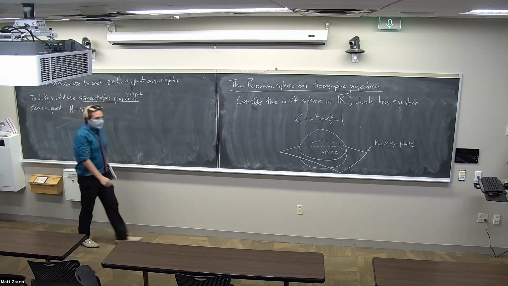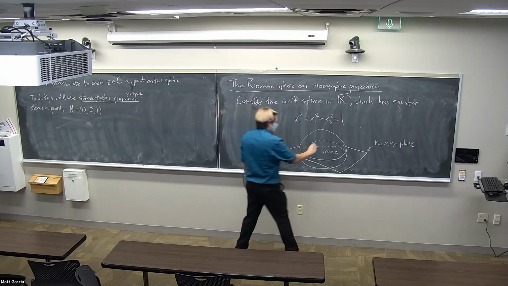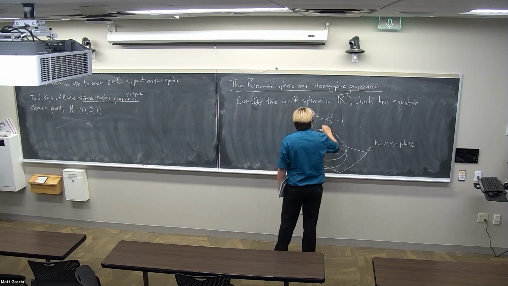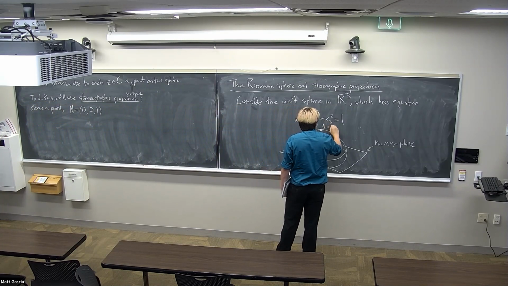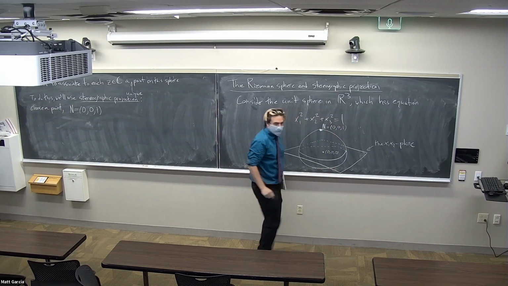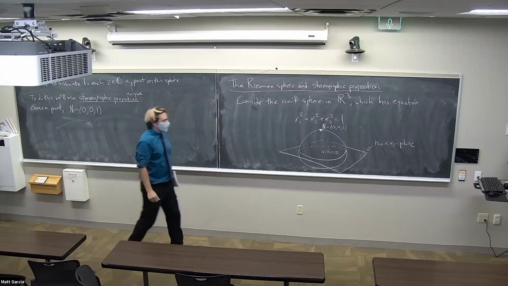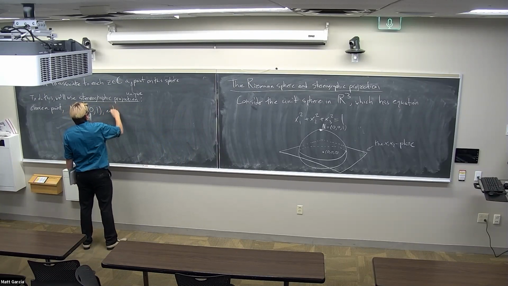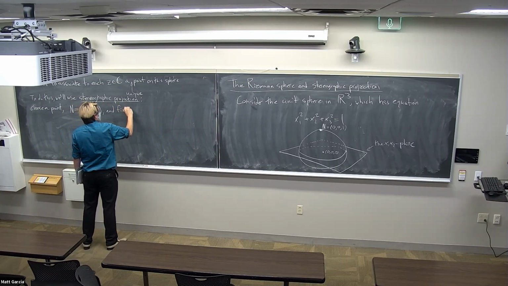Now I'll refer back to my picture here. Maybe it's kind of nice that I drew it more onion shaped. Here's my point N, which I'm going to fix.